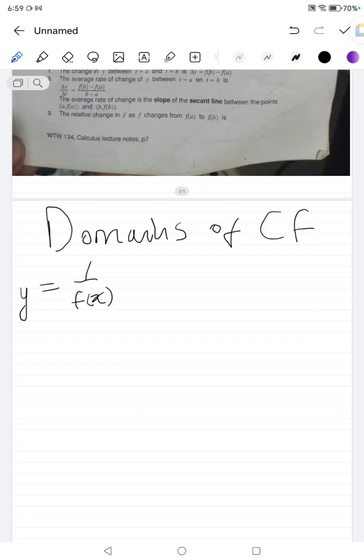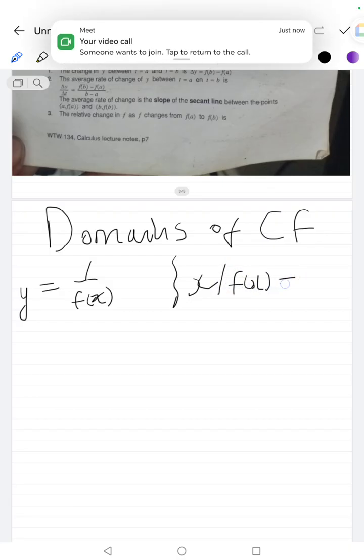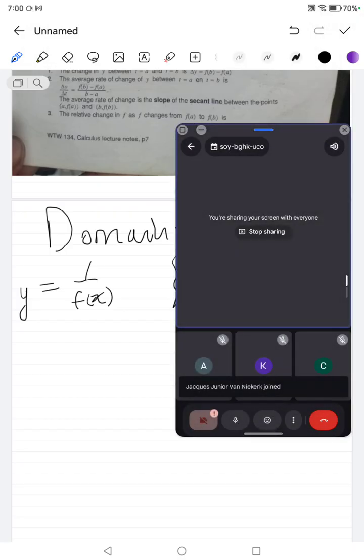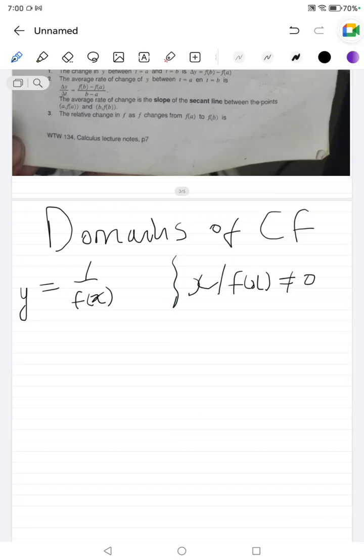My only restriction is that your x should not be equal to 0, or your whole thing is going to be undefined. So using the set notation, you're going to have x such that f of x should not be equal to 0. So that would be the first one.